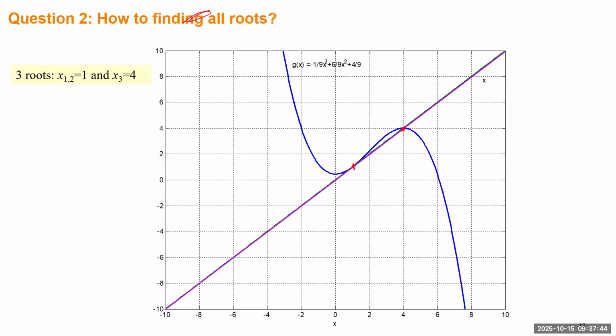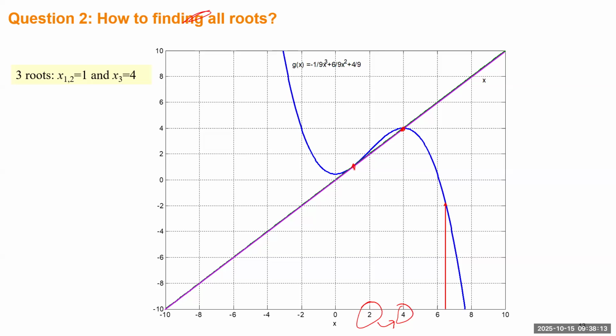Another one is a tangent point, which corresponds to 2 equal roots at 1.0. By starting the iteration at 2.0, we're able to find the root at 4.0, but it doesn't find the other root at 1.0. So how to find the other 2 roots?